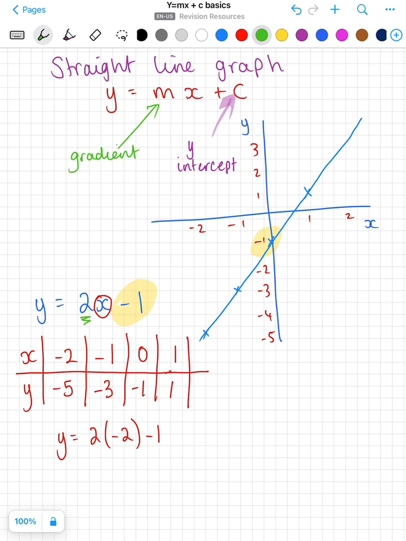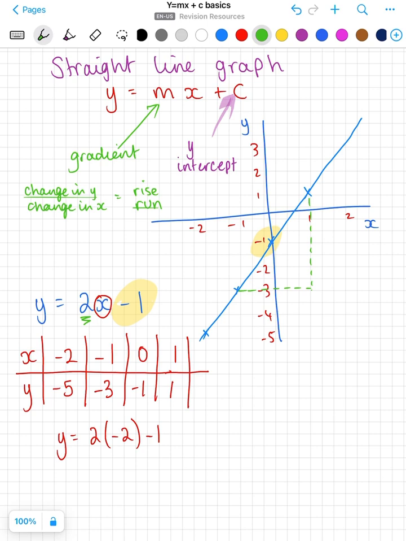Now you may have been taught a few different methods to find the gradient of a straight line. To find the gradient, we can say it is the change in y over the change in x. Some people refer to this as the rise over the run if we use that triangle. Now sometimes you don't get an axis, you just get a set of coordinates.